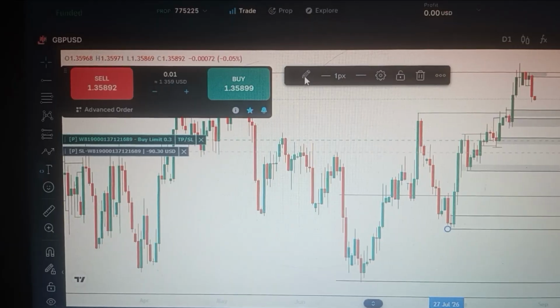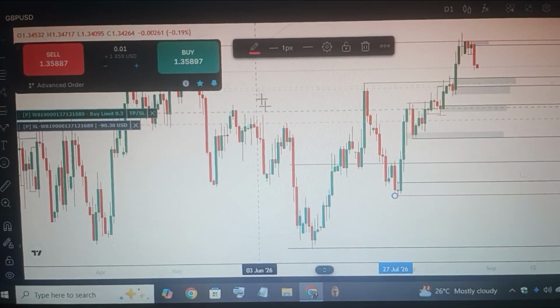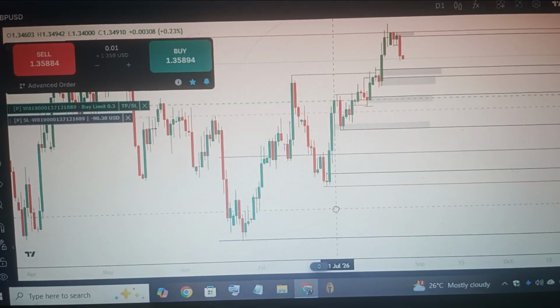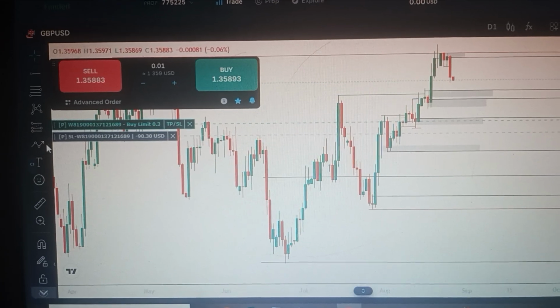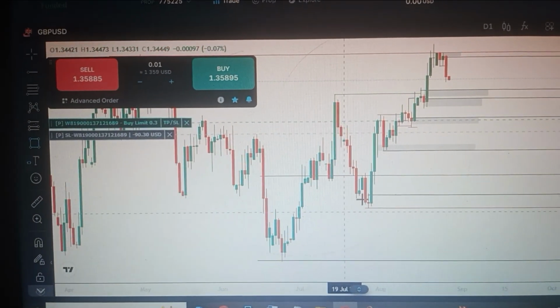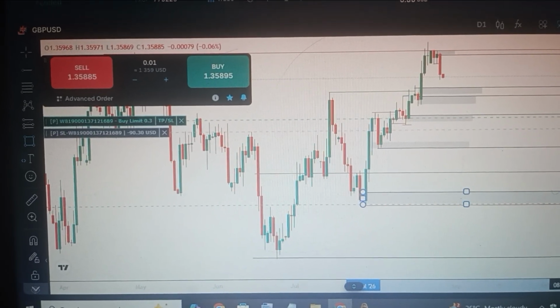Let me change the color again. I believe I'll change the color. Hold on. Let me map this zone out. This is daily swing high.